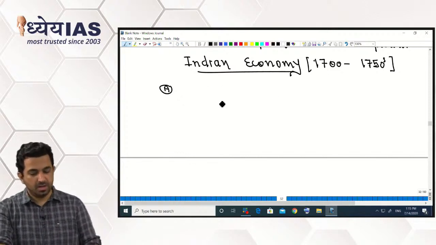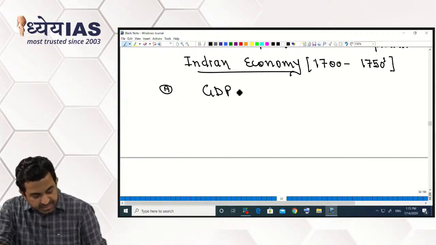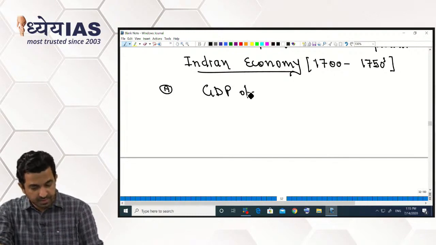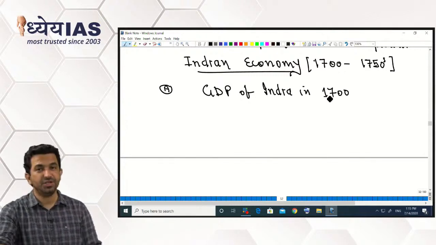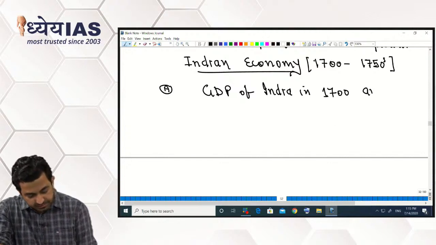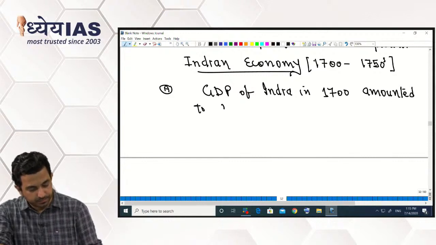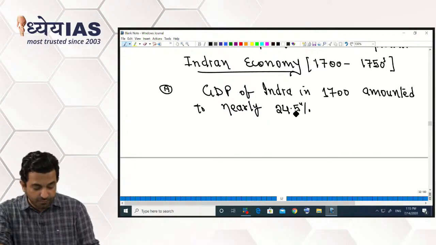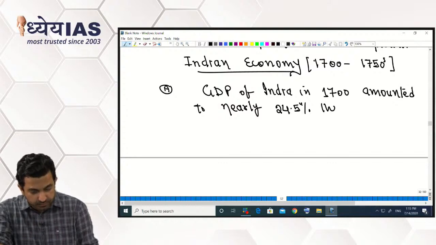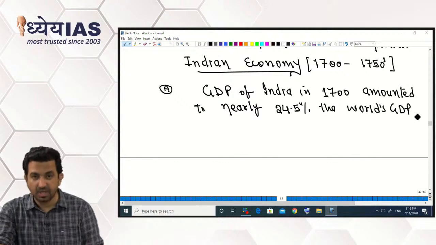GDP, gross domestic production, of India in 1700 amounted to nearly 24.5% of the world's GDP.